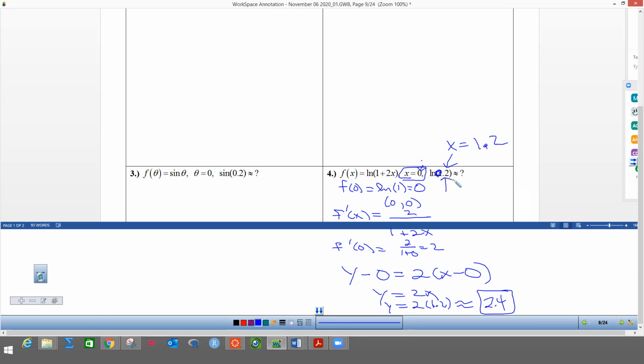If you plug 0.2 in, that would be 0.2 times 2 is 0.4, which would be a closer approximation to 0. You understand what I'm saying? So I think he probably made a typo, and either that was supposed to be a 1 or this was supposed to just be 0.2, because you want your approximation to be close to that.